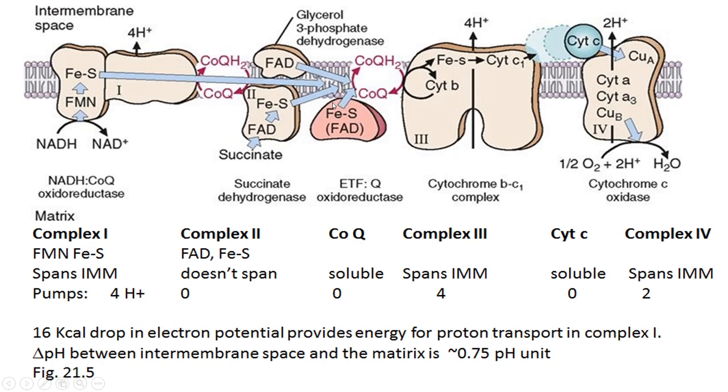Now we will see how coenzyme Q transfers the electron to the cytochrome. Coenzyme Q passes electrons through FeS centers in complex 3, also known as the cytochrome BC1 complex, or cytochrome B. It has several components.